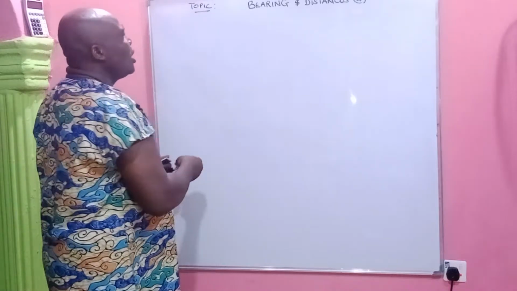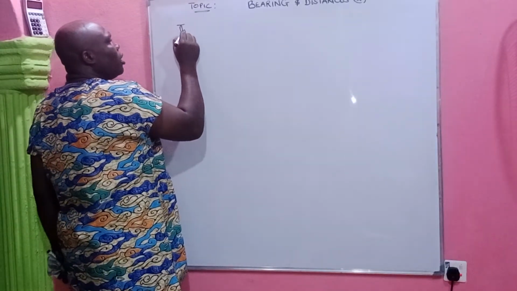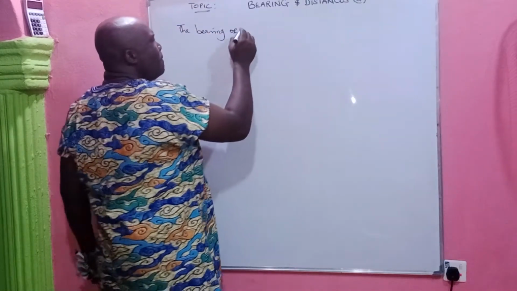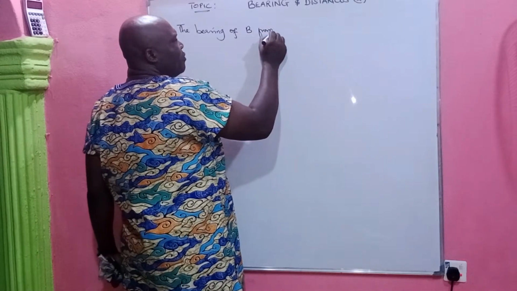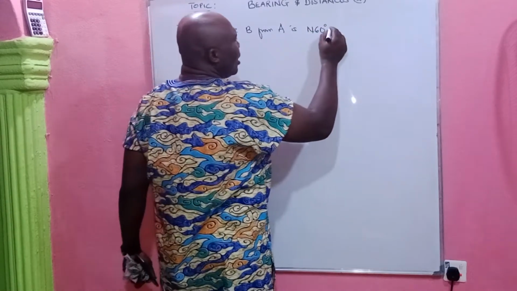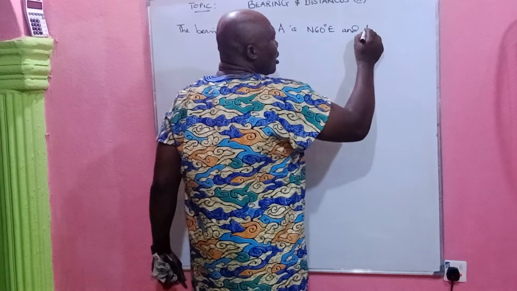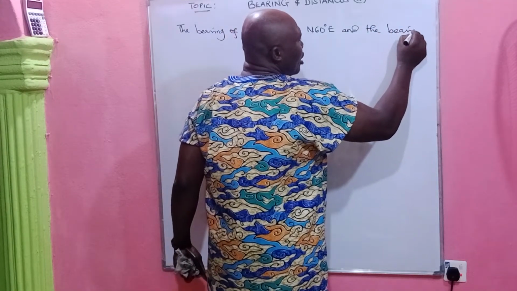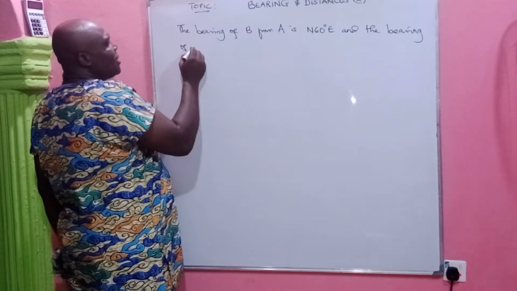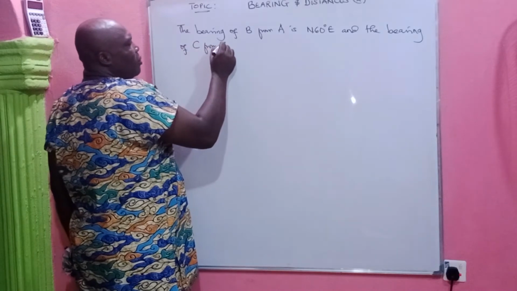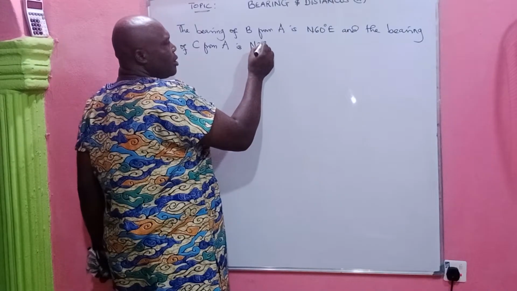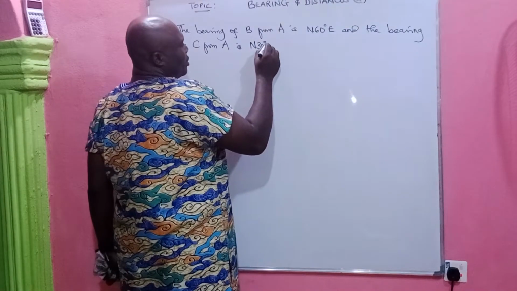Let's take an illustration. Say, for instance, you can be given that the bearing of B from point A is N 60 degrees east, and the bearing of C from A is N 30 degrees west.